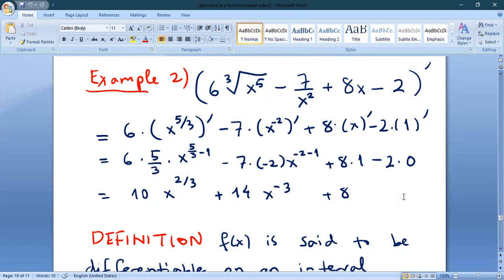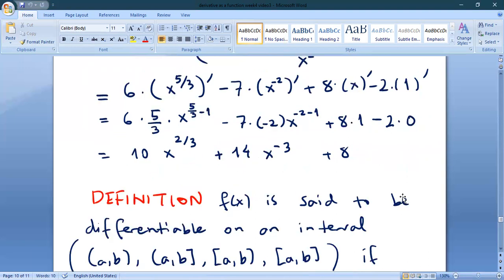So we will have 6 times 5 over 3 x to the 1 less power, so 10 times x to the 2 thirds, and then we will have minus 7 times minus 2 times x to the minus 3, which is plus 14x to the minus 3, and we will also have 8 times 1, which is 8, and minus 2 times 0, which is just 0. So numbers, when we differentiate, if there is no x next to them, when they are just alone, then the derivatives will be 0.